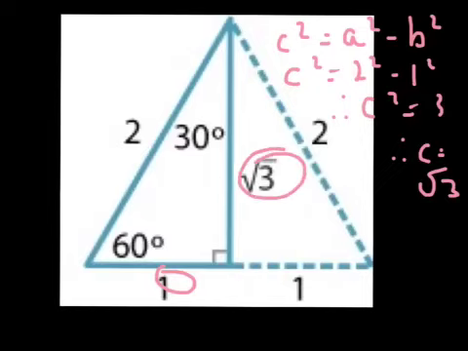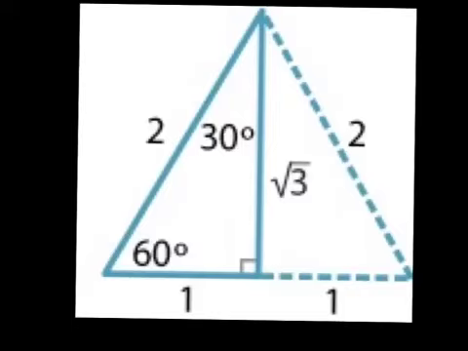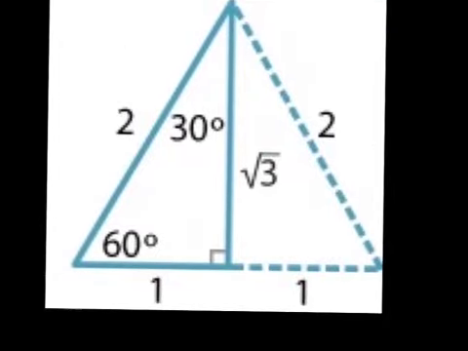So that explains that there. Okay. So once again, we can find some exact trigonometric ratios for, in this case, 30 degrees and 60 degrees. So let's go ahead and do it.